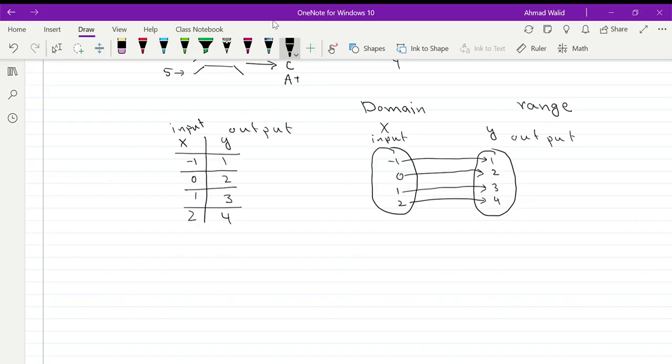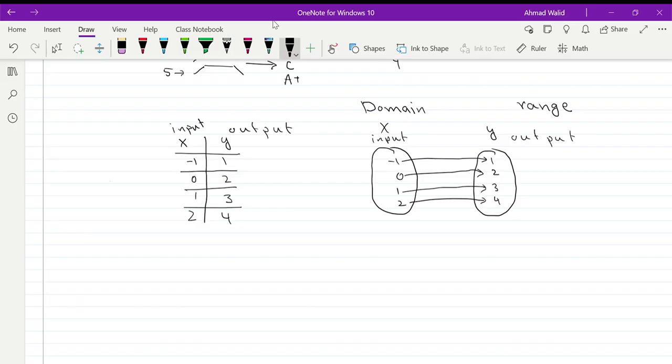I've been teaching a lot of classes, more than 25 years now. And every time I'm discussing functions with my students, most of them struggle with understanding what is domain, what is range. Domain is always your input. Range is always your output.